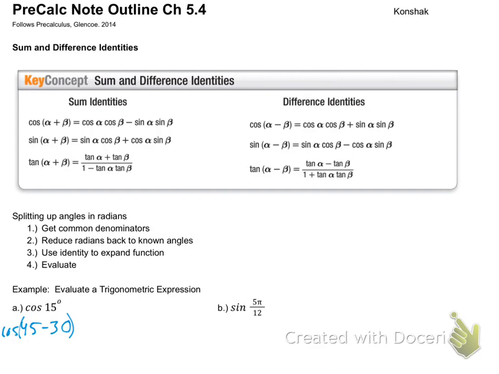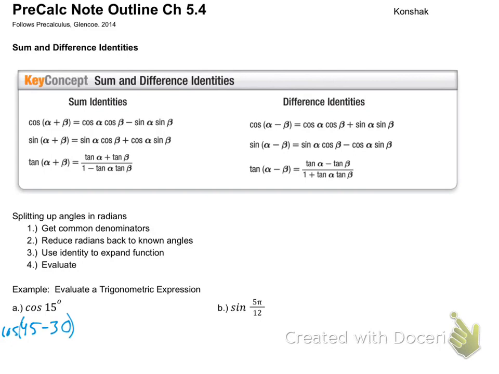Now, I'm assuming everybody should understand that 45 minus 30 is not the only way to get to 15 degrees. What else could I use? 30 minus 15. That's correct. Guys, listen to this. This is important. 30 minus 15 also works.